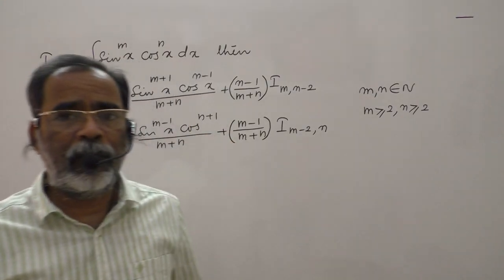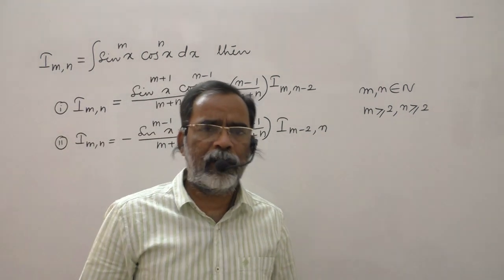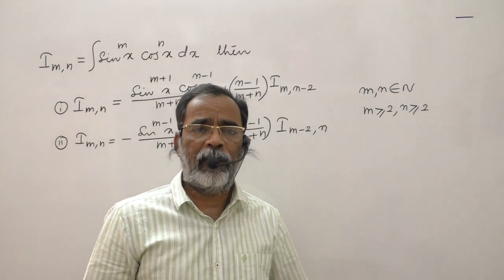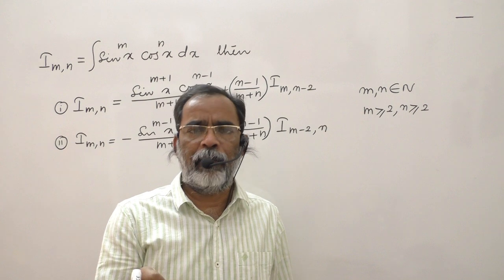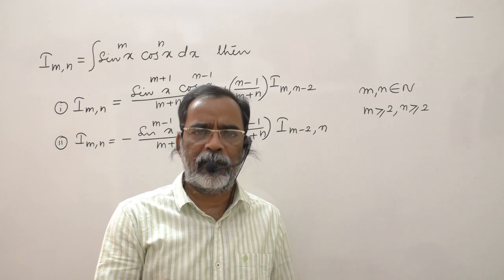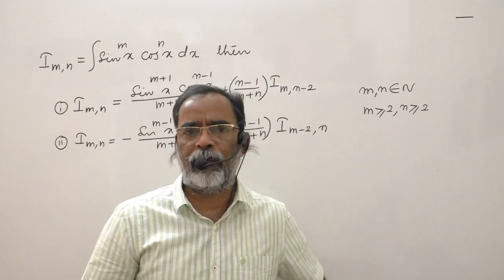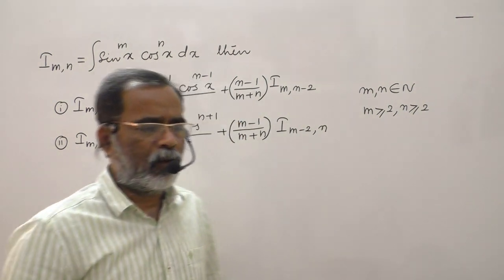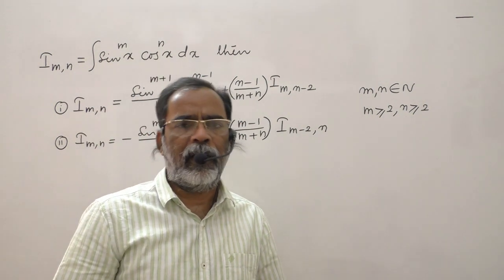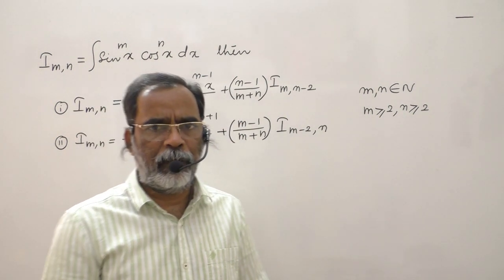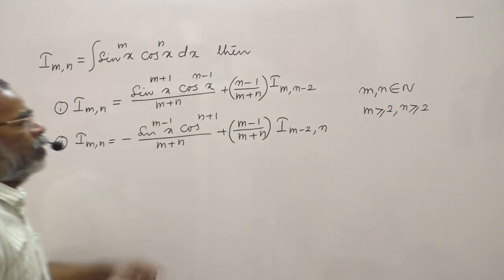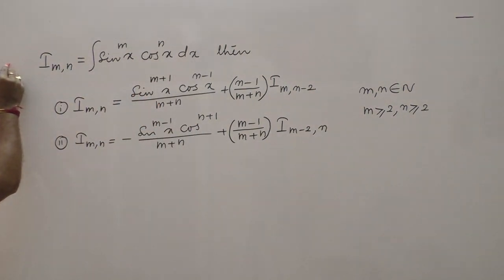We have completed reduction formulas of sine power n, cos power n, tan power n, cot power n, sec power n and cosec power n. So I have derived 3 and I asked you to derive the remaining. There is one more which is also very useful in objective. What is this?